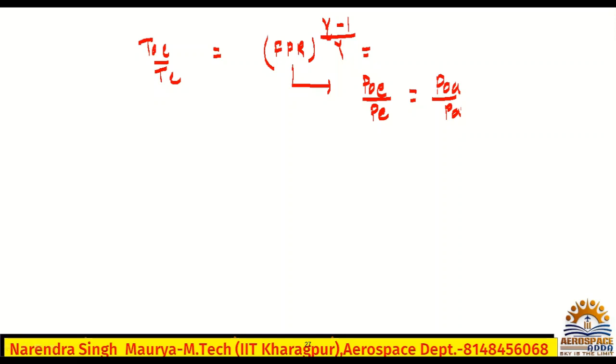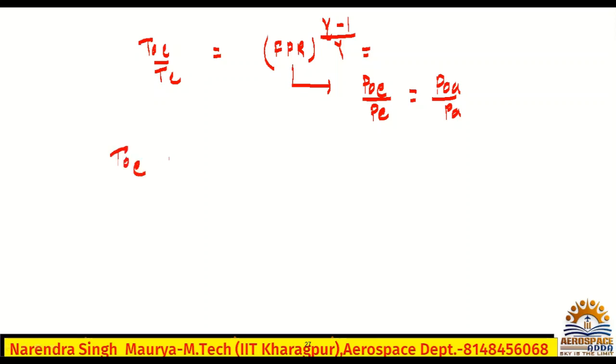And P naught A by PA you can calculate. That you may get directly, otherwise P naught A also you can calculate, because velocity at the inlet they have given, temperature they have given, use Mach number, you calculate P naught A, because process is ideal only, isentropic. Directly I am using this. Okay. So this value they have given to us.